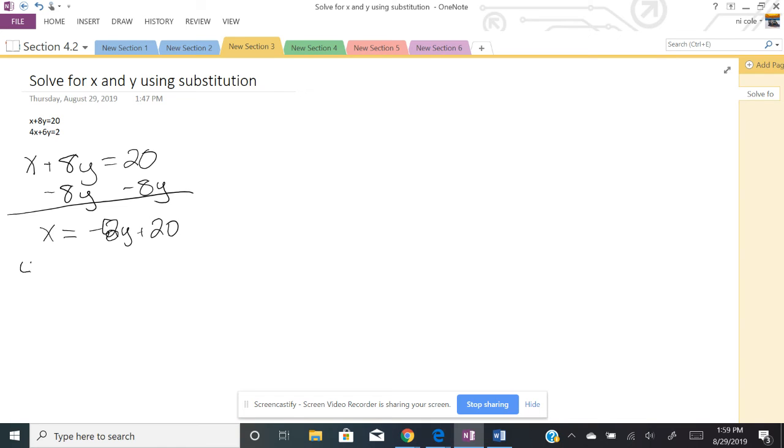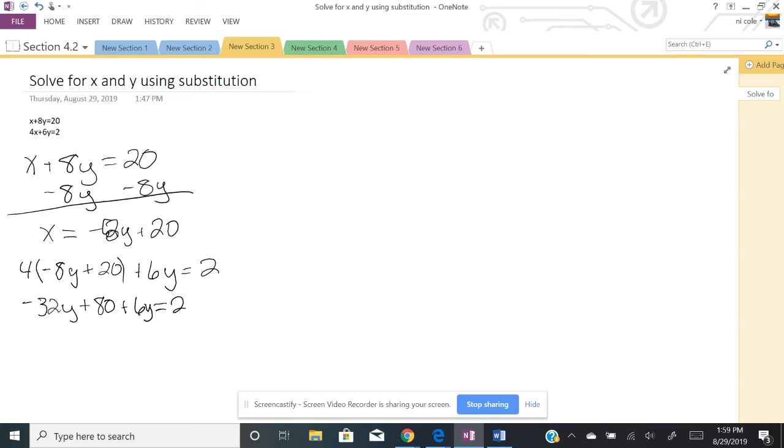So equation 2, I'm going to start off with 4 times, then I'm going to replace x with what I had solved x for in equation 1, plus 6y equals 2. 4 times negative 8y gives me negative 32y, plus 80 plus 6y equals 2.